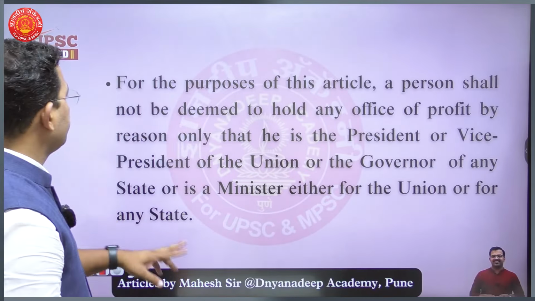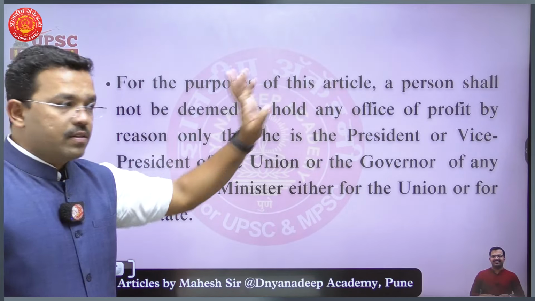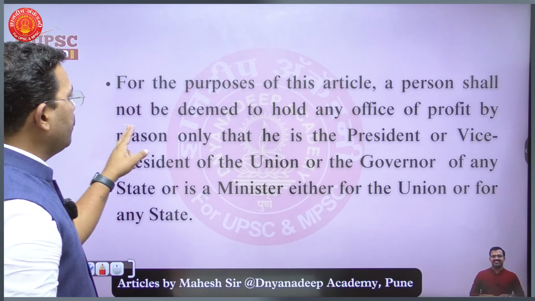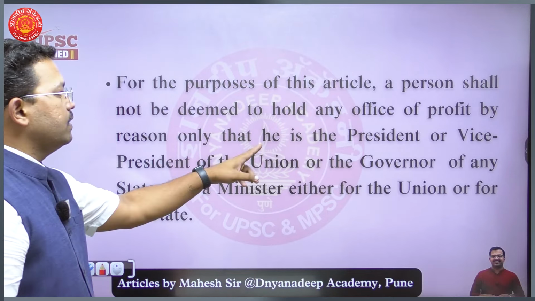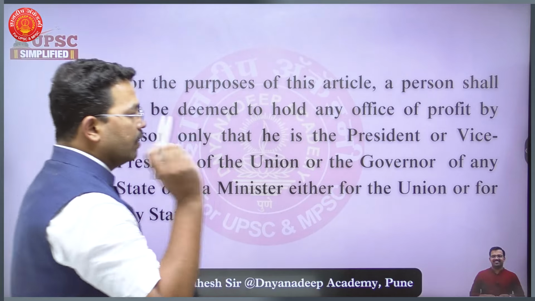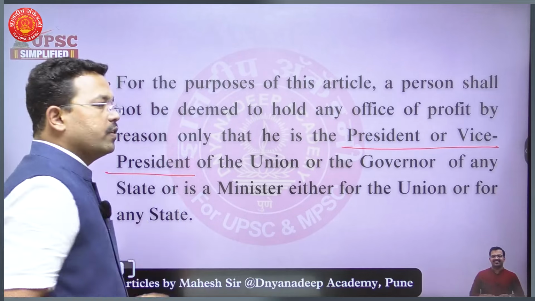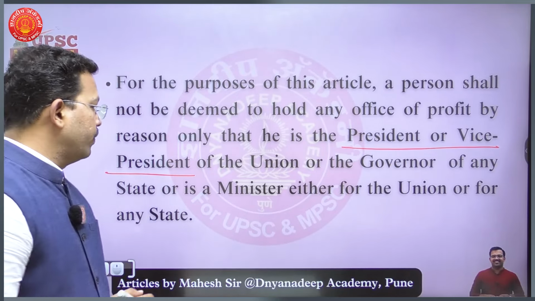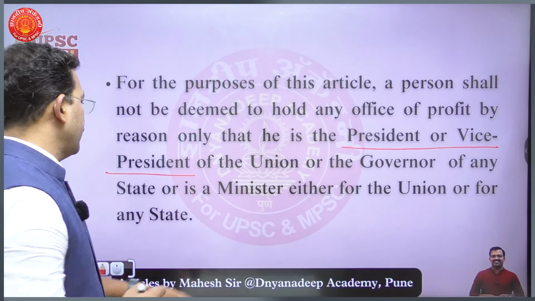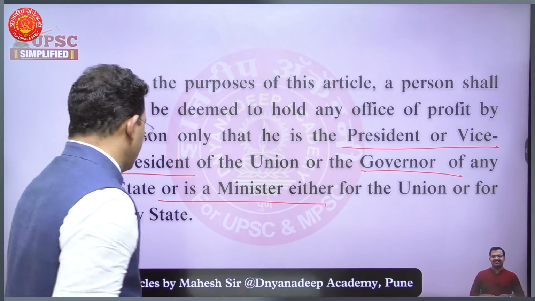Now, what are the additional points? For the purpose of this article, that is Article 66, a person shall not be deemed to hold any office of profit by reason only that he is the President or Vice President. It means as per Article 66, the office of President or the office of Vice President will not be treated as offices of profit of the Union, nor the Governor of any state, nor a minister either for the Union or any state.